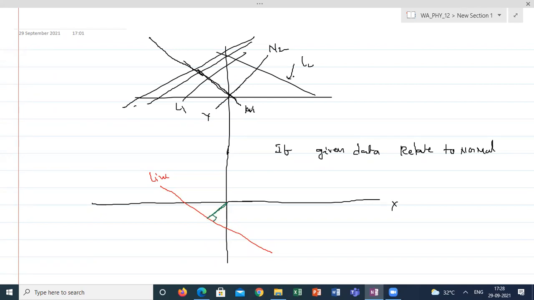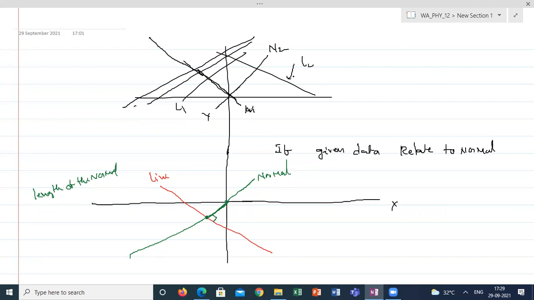What data did I give? I gave the length of the normal. That means I can extend the normal to any distance. This green color line is the normal for line 1. But the length of the normal says the distance between the origin and the point of intersection of the line and its normal.